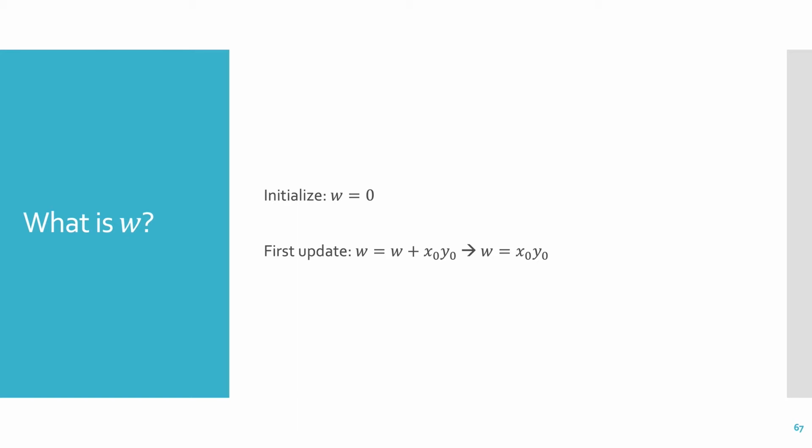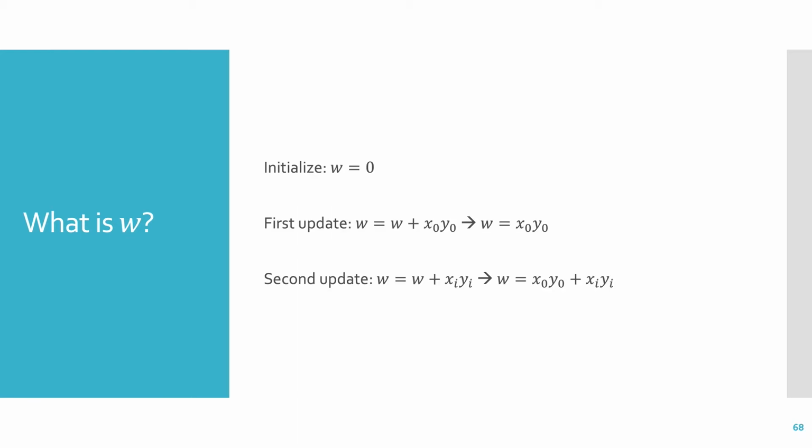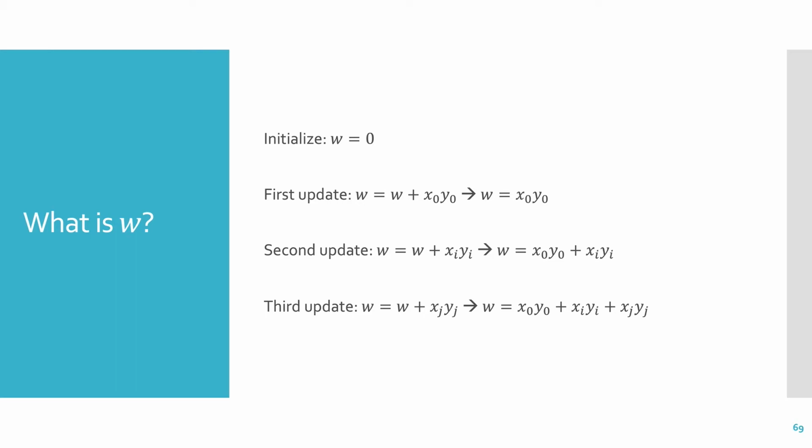So now we update W using the update equation, and we get W equals x0, y0. Let's say the next time we update is on sample xi. Again, we update with the same equation, and now our W is x0, y0 plus xi, yi. Our third update is on xj. Now W is x0, y0 plus xi, yi plus xj, yj.